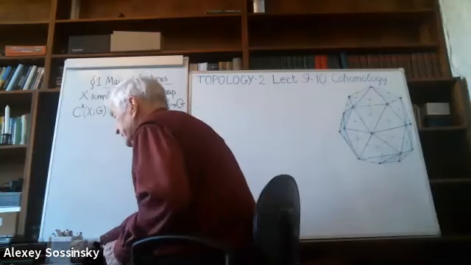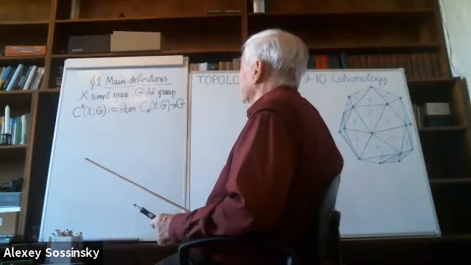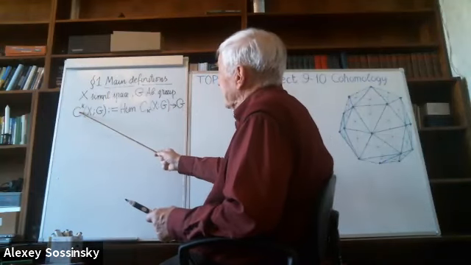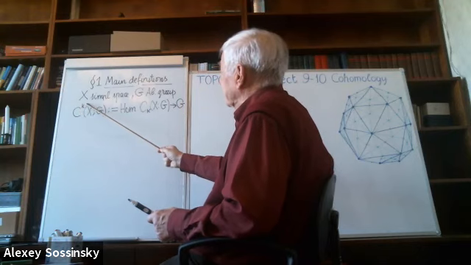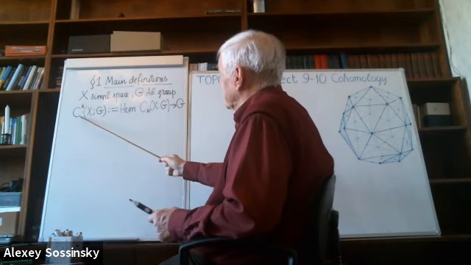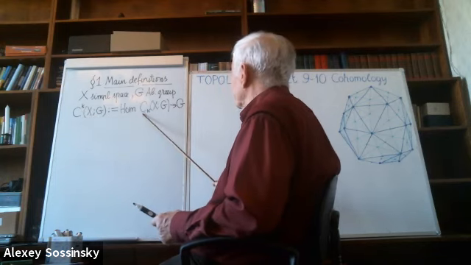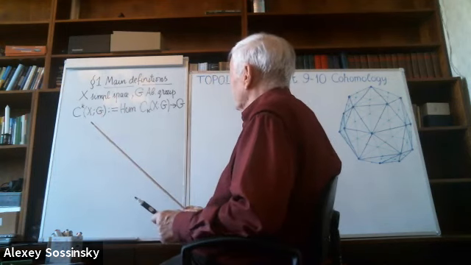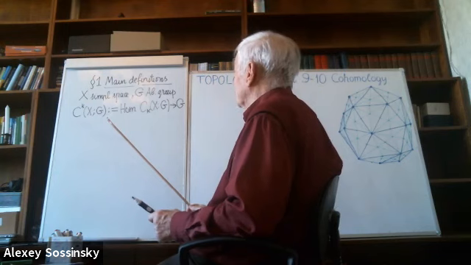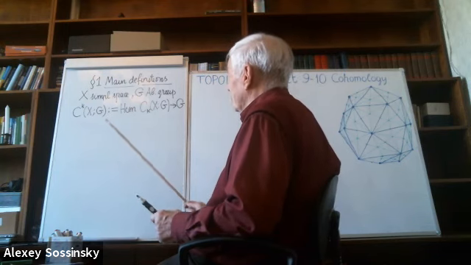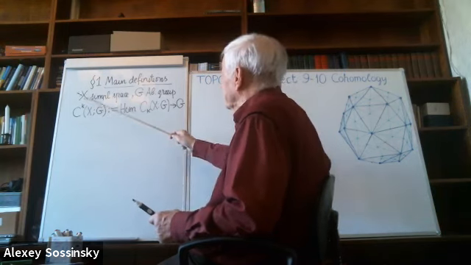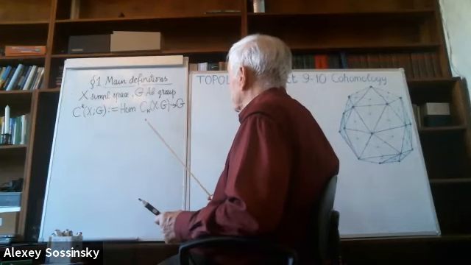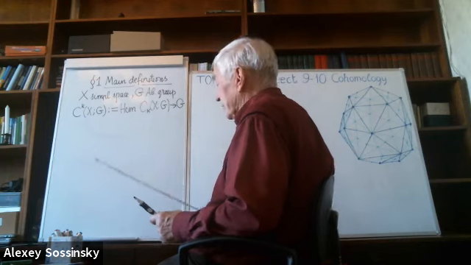Now notice that the index k, the dimension of the chain, has been lifted from the bottom, where it was for chains, to the top, where it is for cochains. In general, when we pass from homology to cohomology, what we always do is raise the indices and reverse the arrows. About reversing the arrows, we'll see how it happens in a moment.